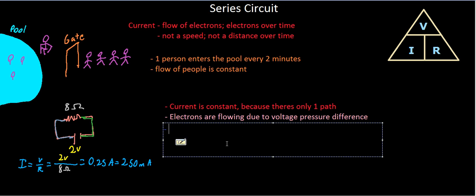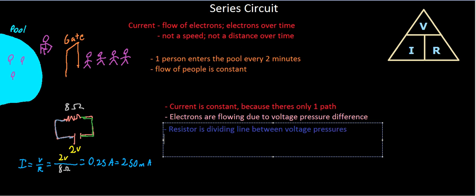So what we find is the resistor is actually the main dividing line of the two competing voltage pressures. So it is the dividing line between voltage pressures.